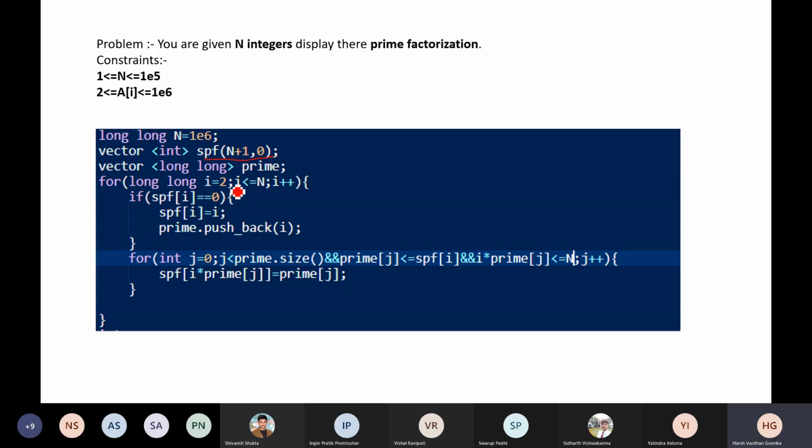Similarly, initially I marked all the numbers as primes. So 0 signifies here that it is a prime number. If we have come to the number i and it has still not been marked by any other number, SPF of i stores the smallest prime factor of i.